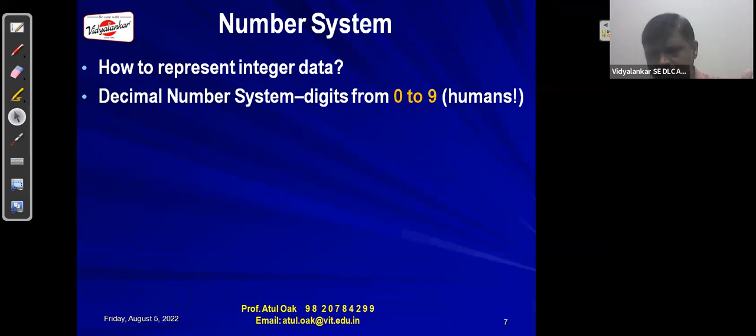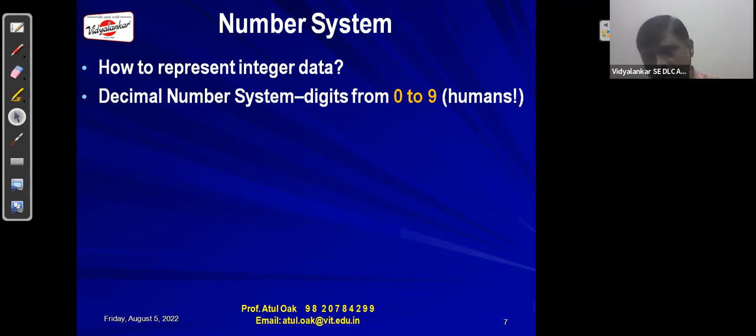And if you think why we use the decimal number system, why we humans use the decimal number system, why only 10? That means 0 to 9. Why not other possibilities? That answer is also very simple.